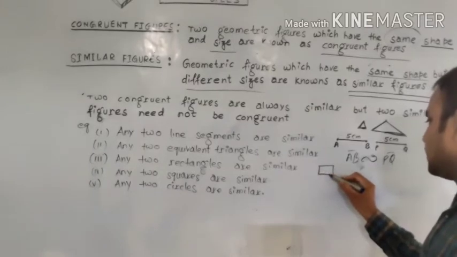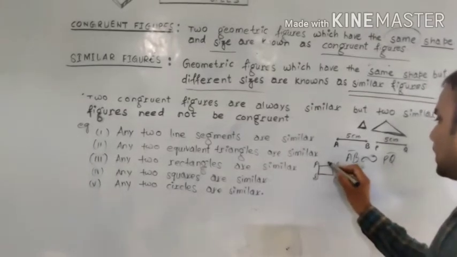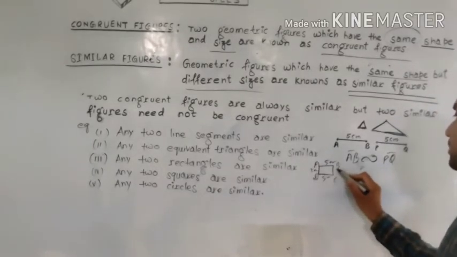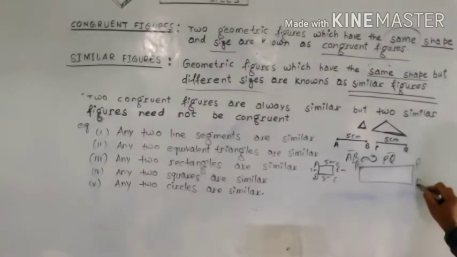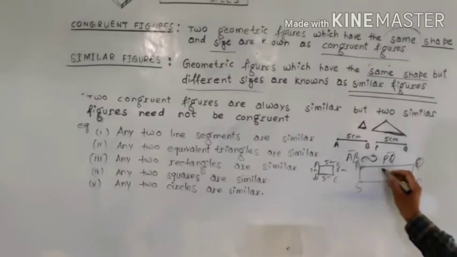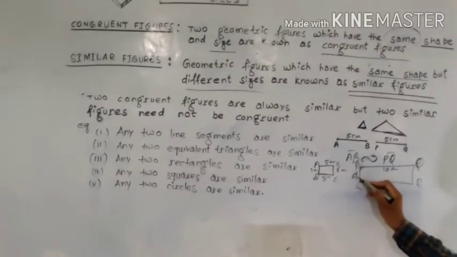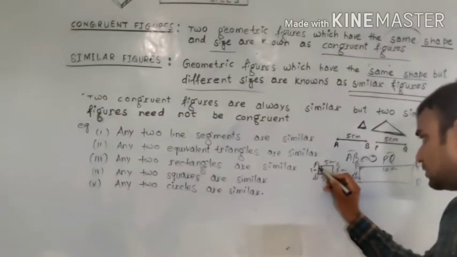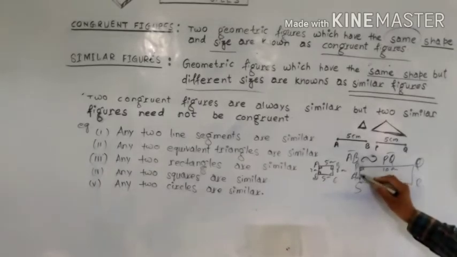If ABCD is a rectangle having 5 cm length and 2 cm breadth, then the other rectangle PQRS having length 10 cm and breadth 4 cm is also a similar rectangle, because each and every angle in a rectangle is 90 degrees.